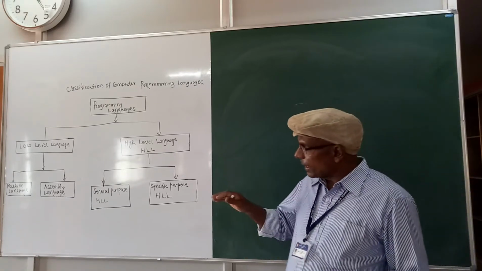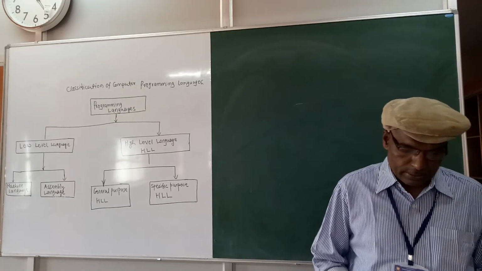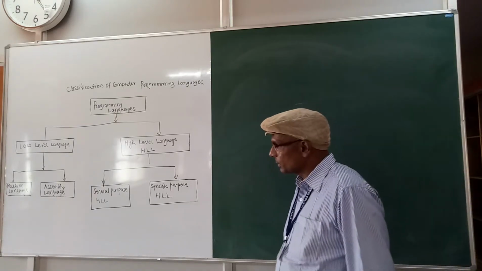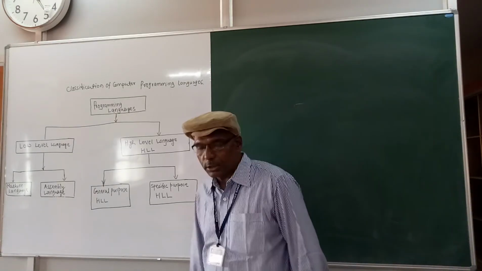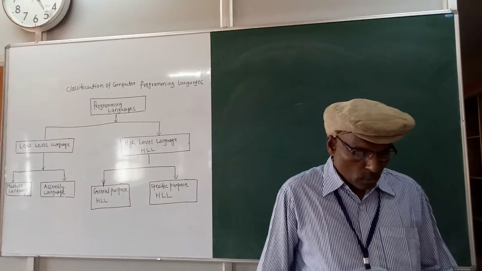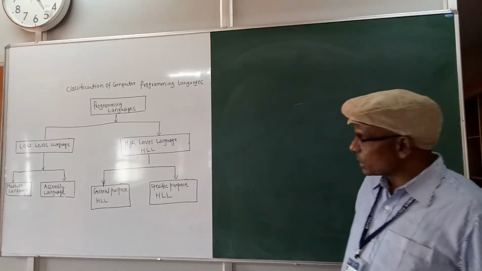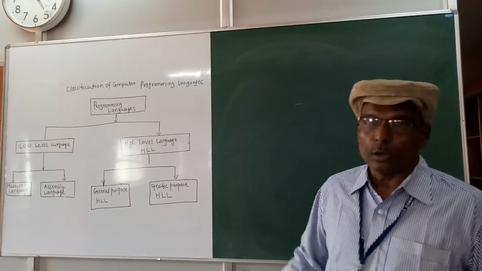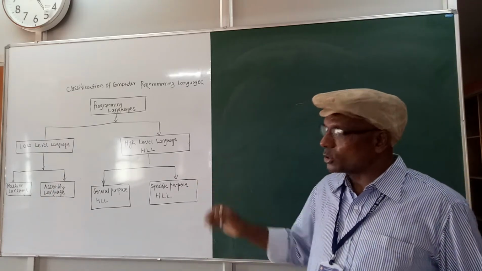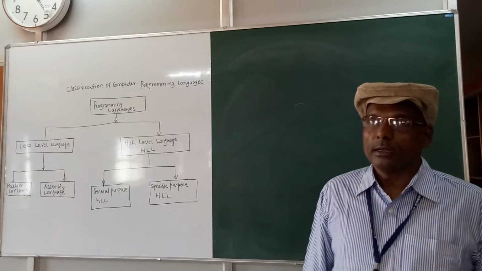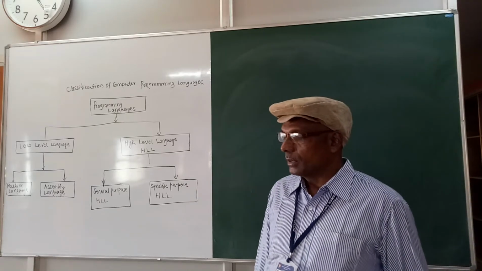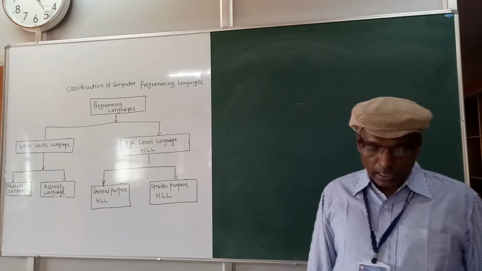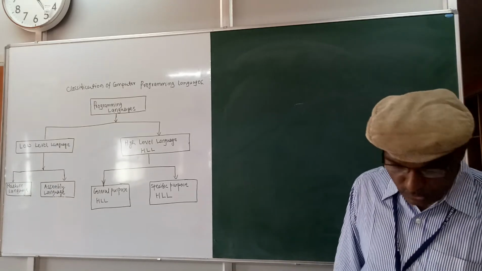They are highly machine dependent, and it will be very difficult for a programmer to switch from one machine language to another, or from one assembly language to another assembly language.